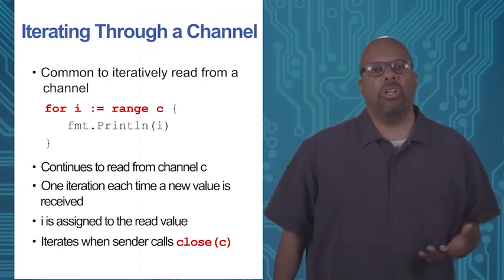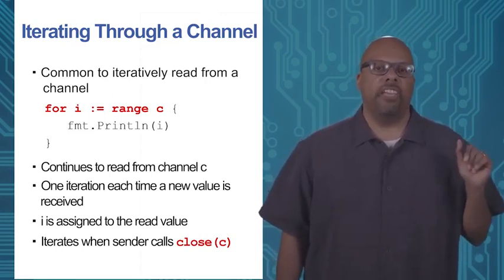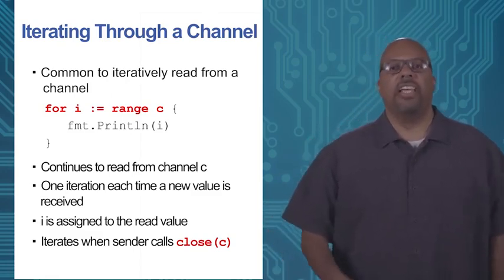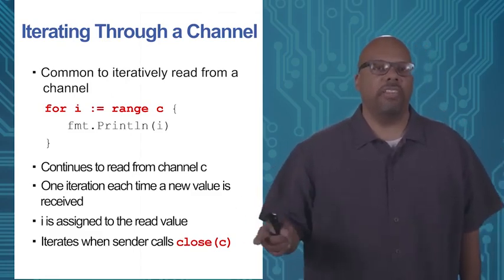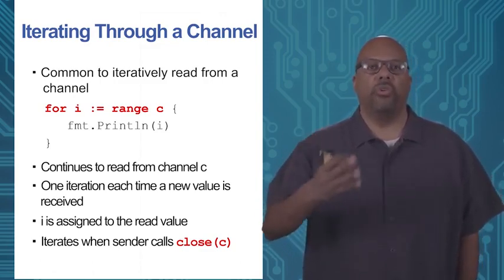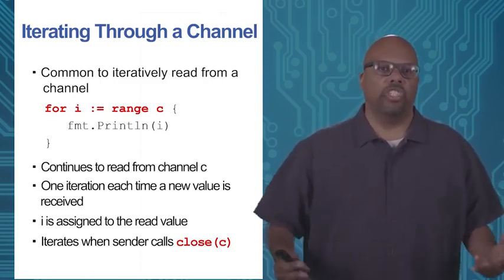The only time you would call close on a channel is if you knew, as a sender, oh, I'm never going to send more data on this channel again. Then you can call close, and that basically sends a message to the receiver to say, now this channel is closed, so you can jump out of the loop whose range you're iterating through. So this is a very common thing to read from channels.